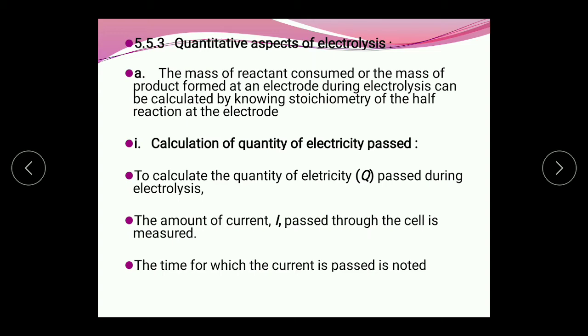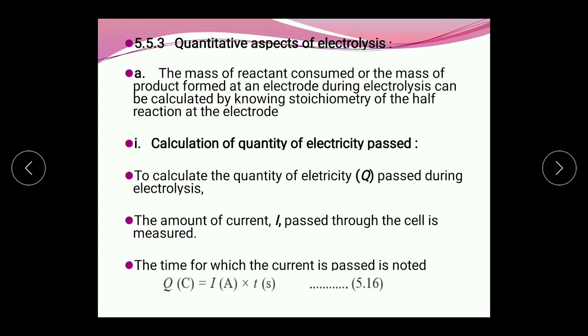So, to calculate Q, we require current I and time t. And the formula for that is Q equal to I into t. We get Q in coulombs if we measure current in amperes and time in seconds. So the first formula we got to find out the quantity of electricity passed is Q equal to I into t.